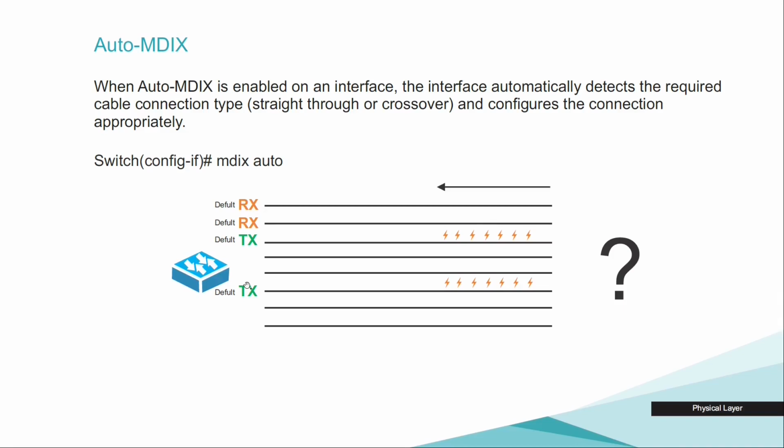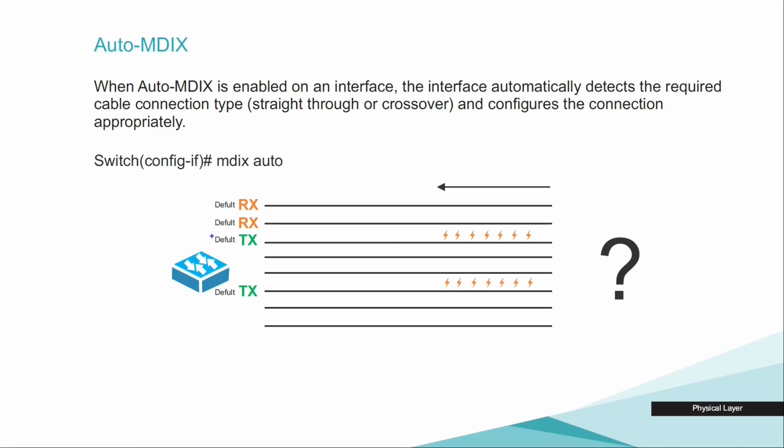So by default the switch is receiving data at pins 1 and 2 and transmitting data on pins 3 and 6. This is the default configuration for the switch. But we actually have another feature on the switch which is called Auto-MDIX.